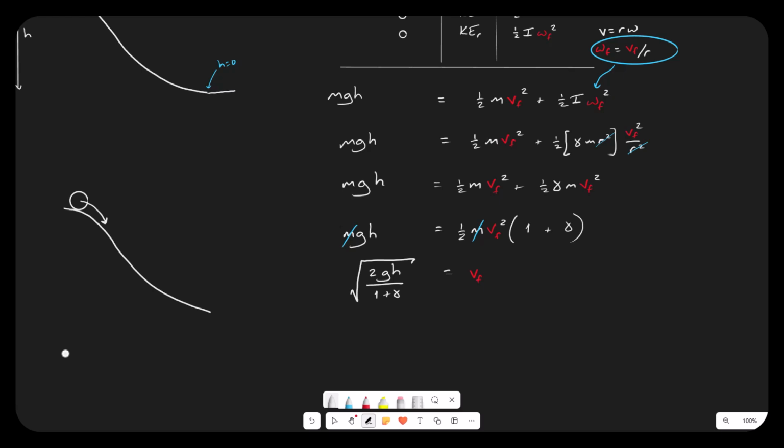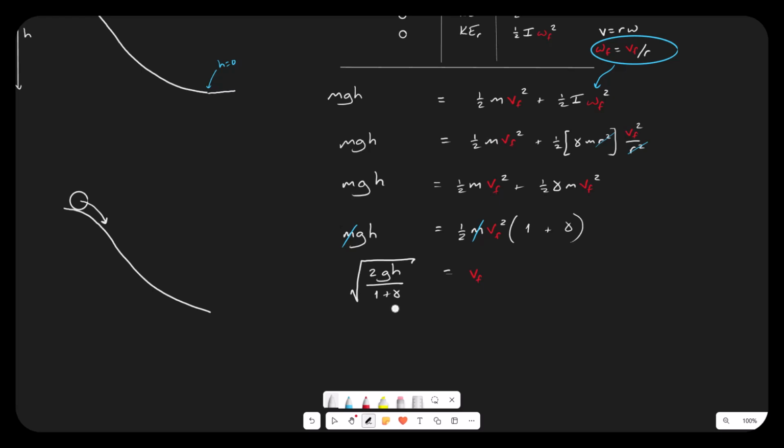So if we have enough friction so that we can roll without slipping, then we still won't lose energy. But when we have a block that just slides down without friction, we get a square root of 2gh. When we have something that rolls, this gamma means that we're moving at a slower speed at the bottom, which means it's going to take longer to get there. It takes longer to roll than it does to slide.